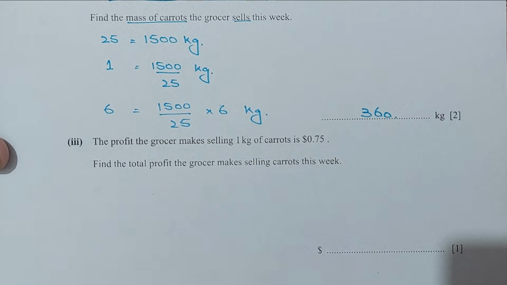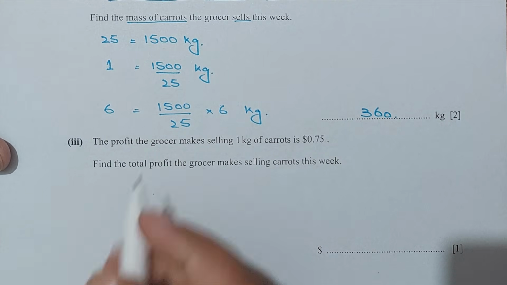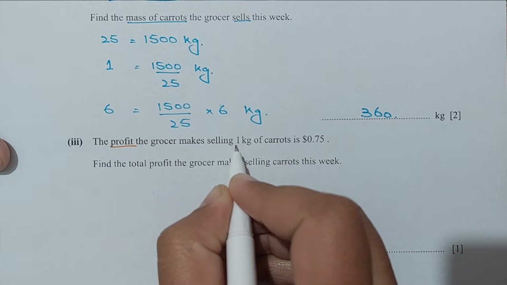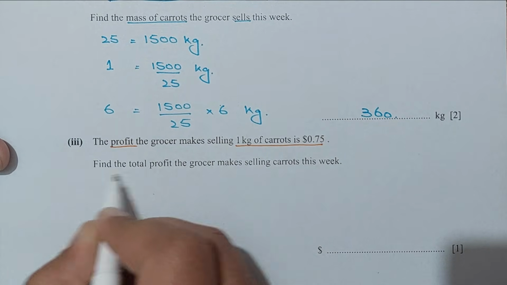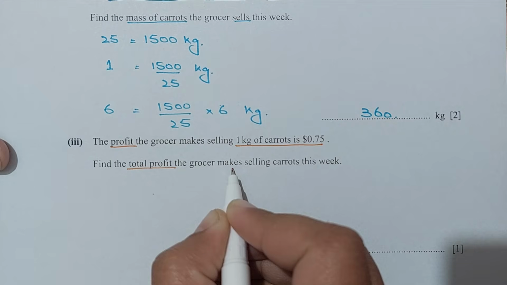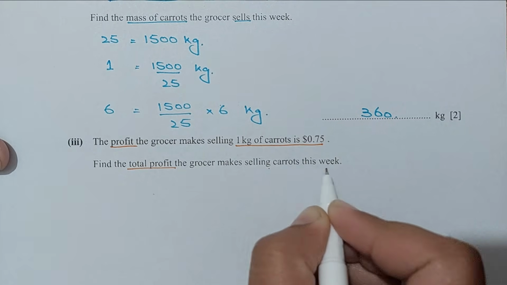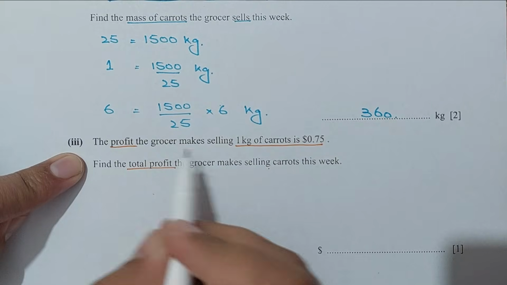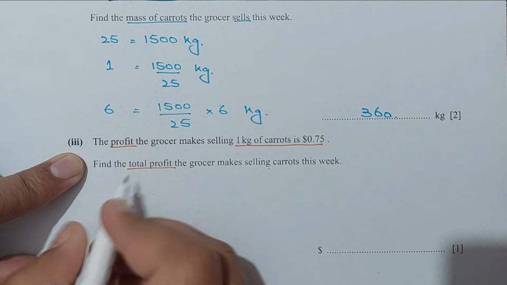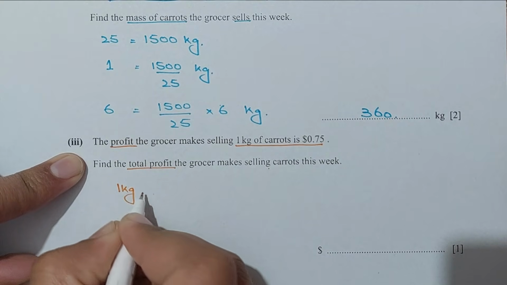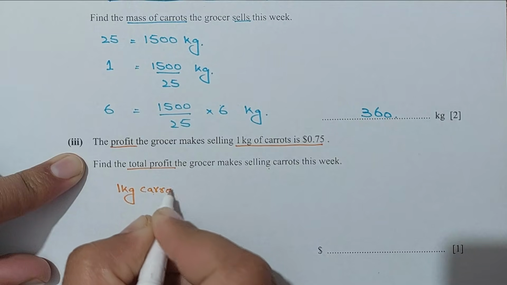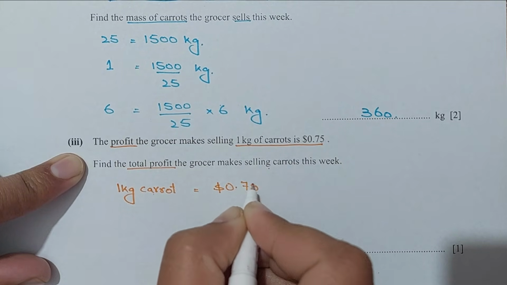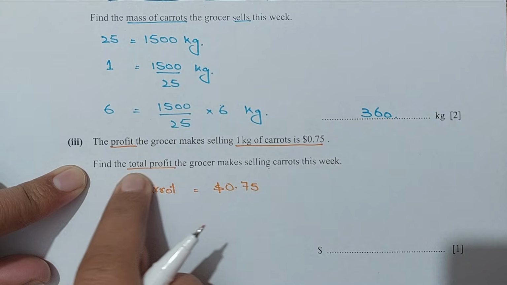All right. Now for the next part, the profit the grocer makes selling 1 kilogram of carrots is this much. Find the total profit the grocer makes selling carrots this week. If 1 kilogram of carrots gives a profit of $0.75, we have to find the total profit.